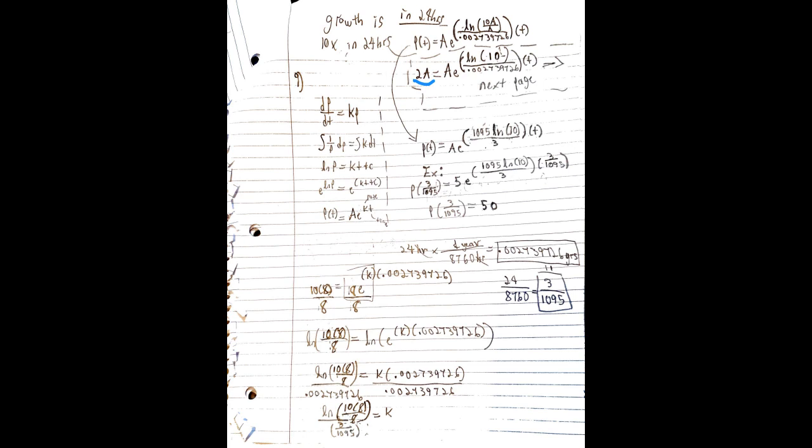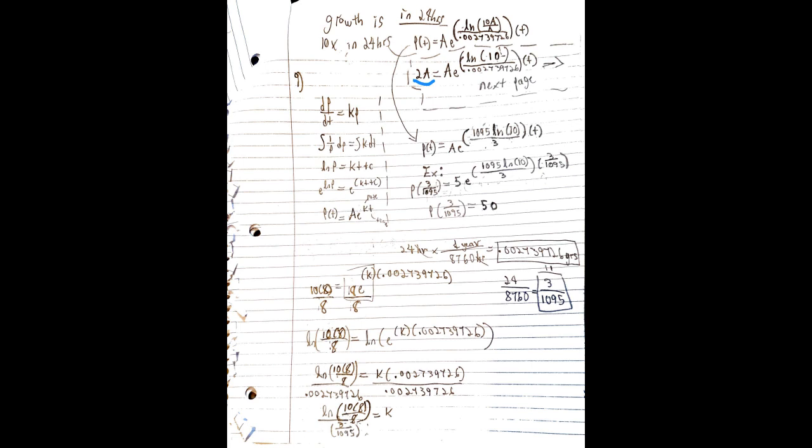Also, instead of using the decimal form of 0.0273 for the 24 hours, I found it was best to use the fractional rational number, because if I used a decimal, it wouldn't be entirely accurate.